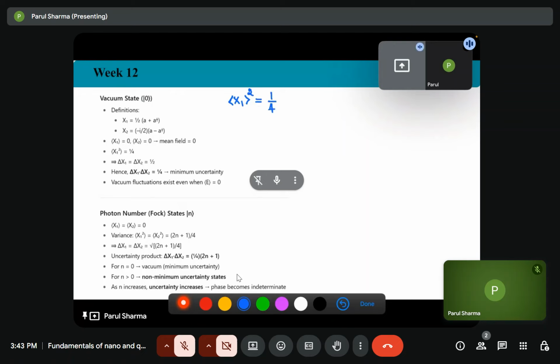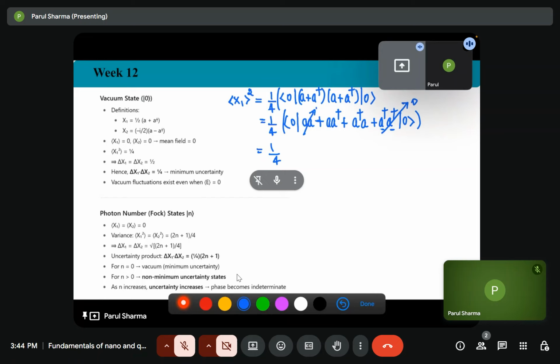So x1 square is 1 by 4, 0, a plus a dagger, a plus a dagger, 0, which will give us 1 by 4, 0, a a plus a dagger a dagger plus a a dagger plus a dagger a, 0. Now a a will operate on 0 and give 0, orthonormal 0. Similarly, a dagger a dagger will also give us 0.